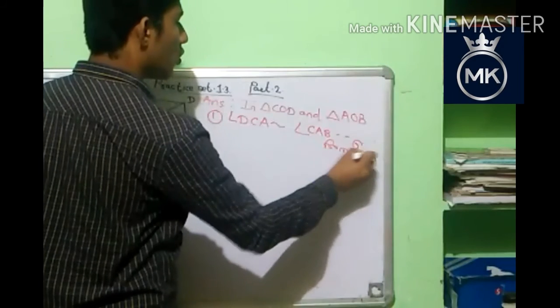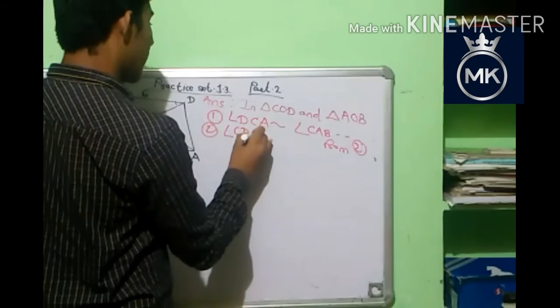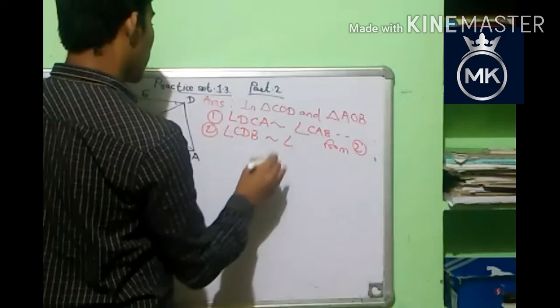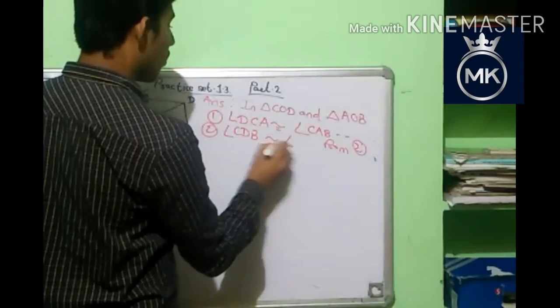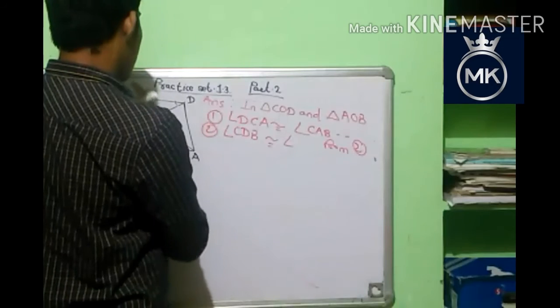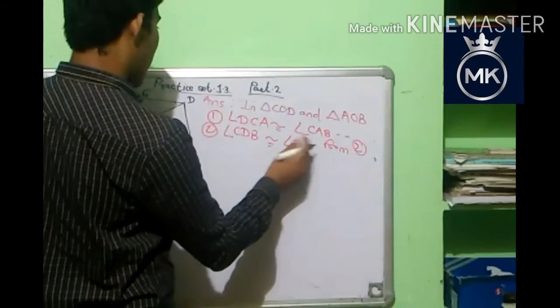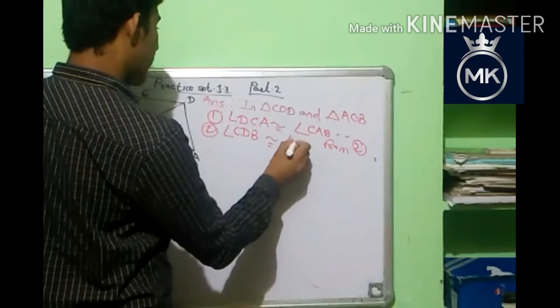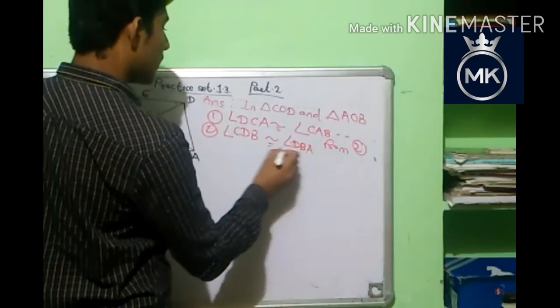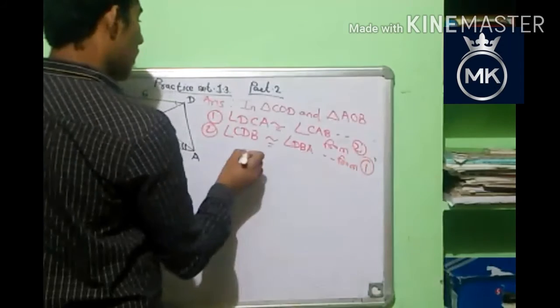The second pair is angle CDB congruent to angle DBA. The reason behind that is from 1.